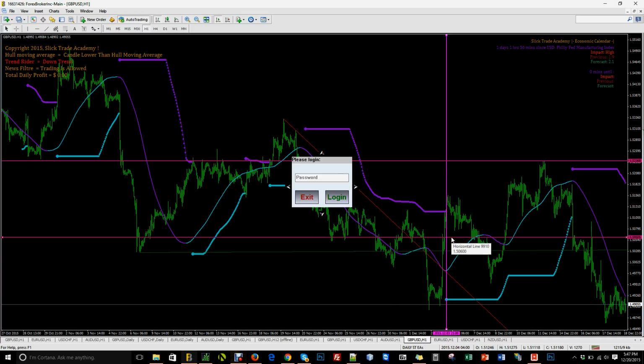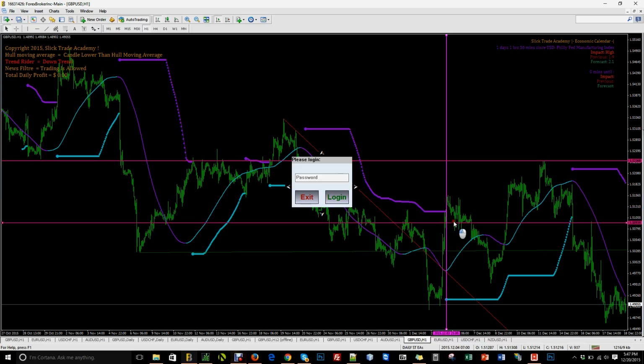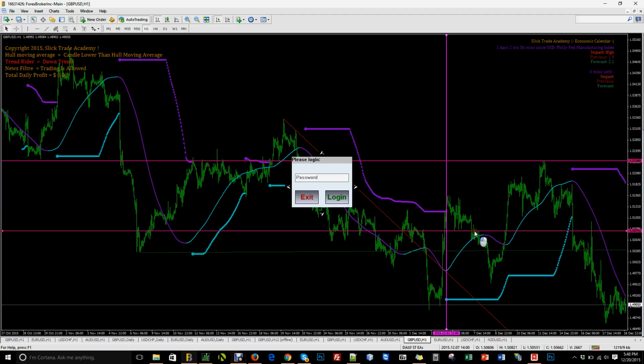If you would have entered, where's that at? I think it's right about there. Yep. If you would have entered here and then put a stop loss all the way down here, that's a huge stop loss, okay? I would much rather wait till it comes on down to that Hall Moving Average.